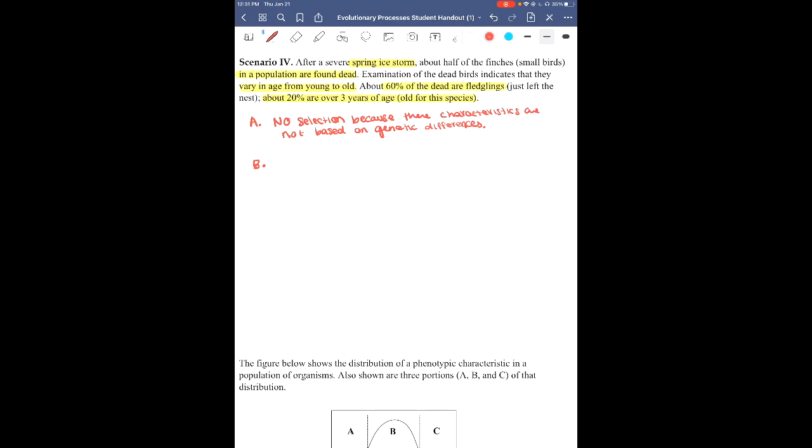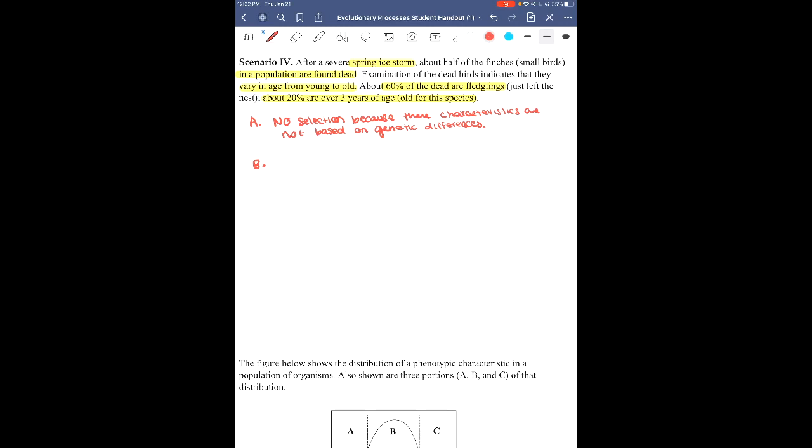And then without further information to indicate that one specific type of young and old bird dies, we cannot say that genetic selection had occurred. So we would expect to see no significant changes in the genetics of this population over time.